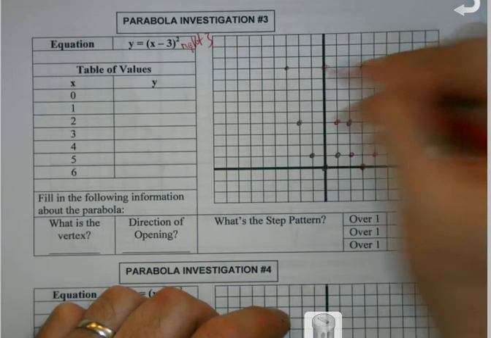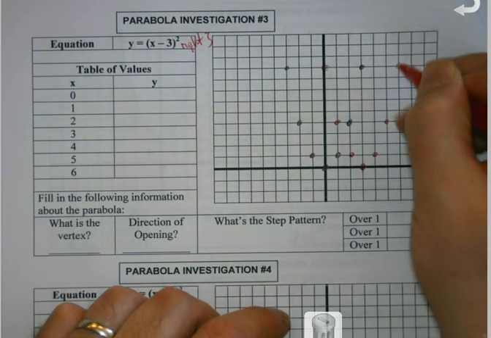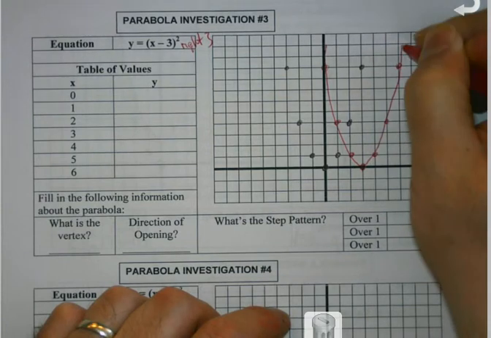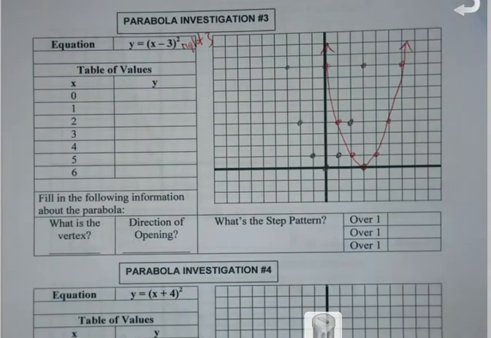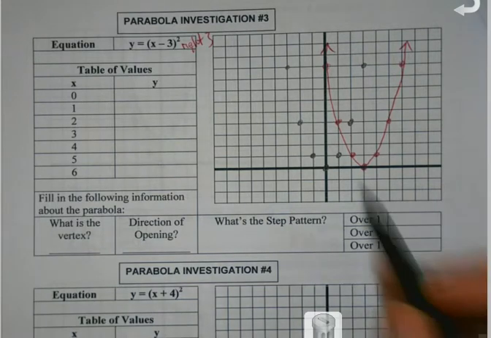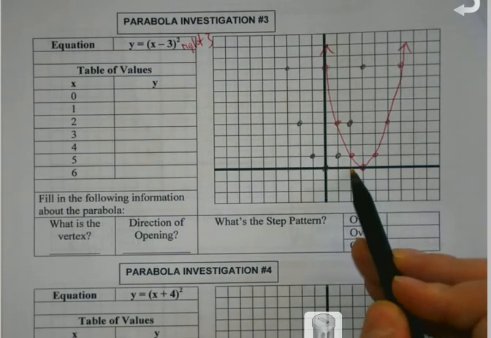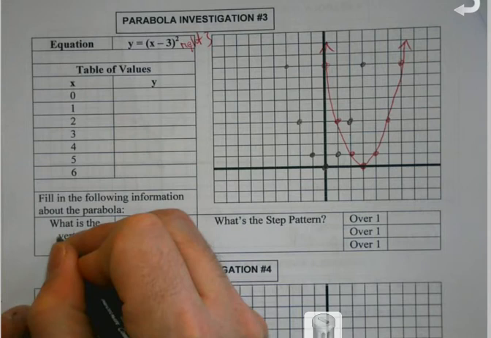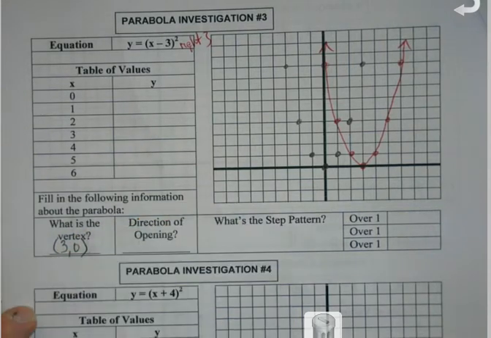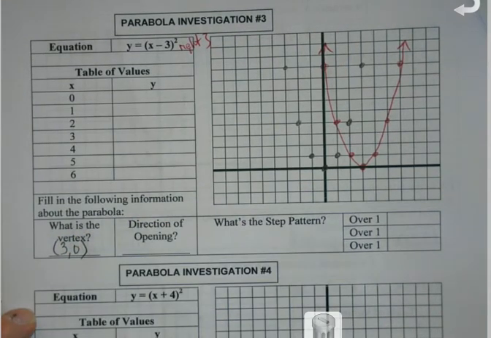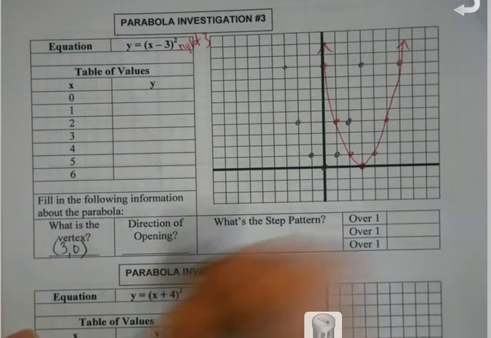Now we haven't hit any yet where we get overlapping, but that'll happen here sometime. So I can get my graph. Now interesting, my vertex moved to where x equals 3. So notice this time we moved right or left, the x value changes because again we're moving on the x-axis.